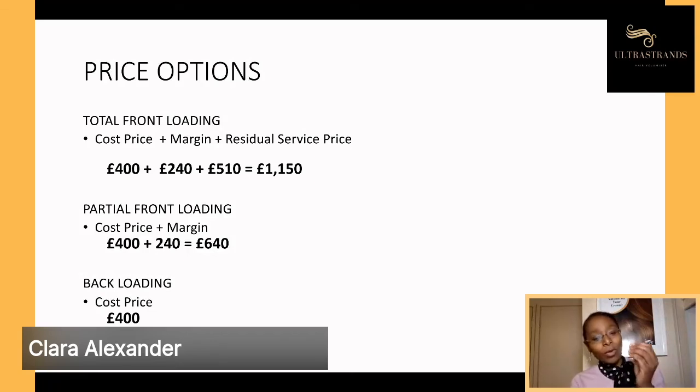However, when we're looking at this total figure, if you can front load almost everything, then that's great. And some of the products that we have are priced in such a way that you can, like with the Ultrastrand Express, you really can front load it if the prices that we talked about previously are in line with the prices that you actually charge. Now, if you are charging your client less than the £60 per hour, then you can totally front load.